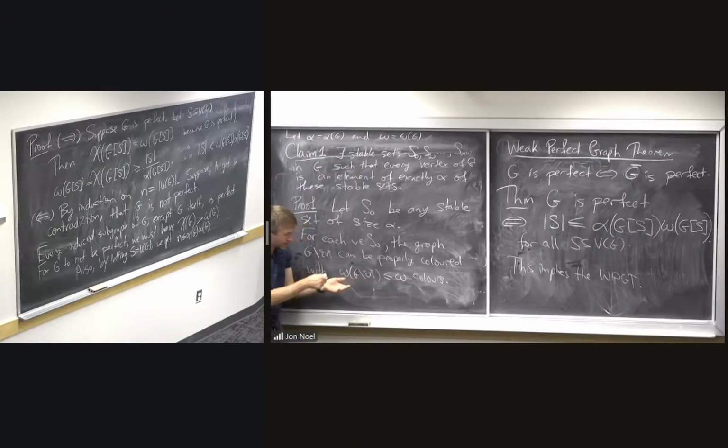So then, imagine I've got my omega colors. Well, as we saw earlier, a proper coloring is the same thing as a partition into stable sets. So each color corresponds to a stable set. And if there are fewer colors, let's say I only use omega minus 1 colors, that's fine too. Just make some of your color classes the empty set, and then you've got omega colors.